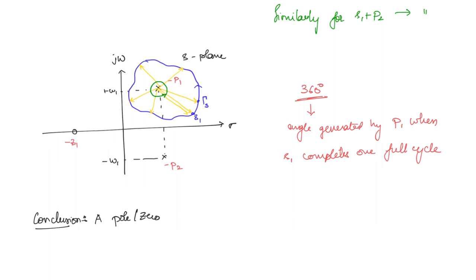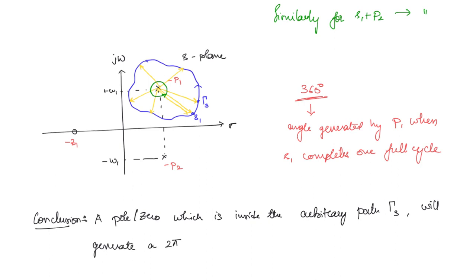So a pole or a 0 which is inside the arbitrary path gamma s will generate a 2 pi or 360 degree angle when s1 completes a full cycle.